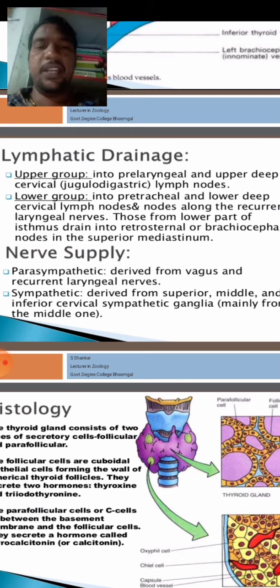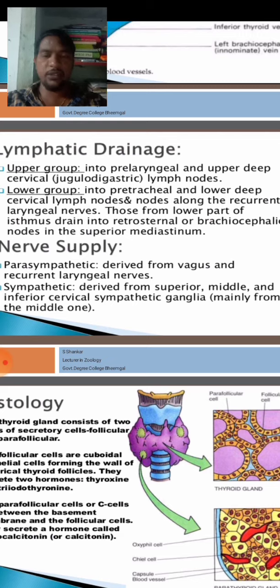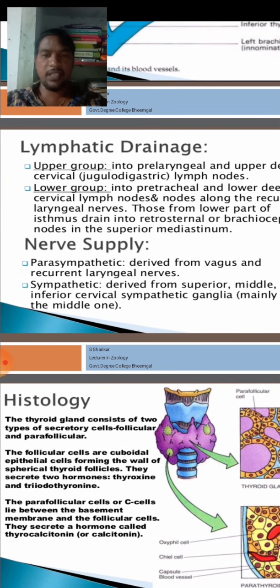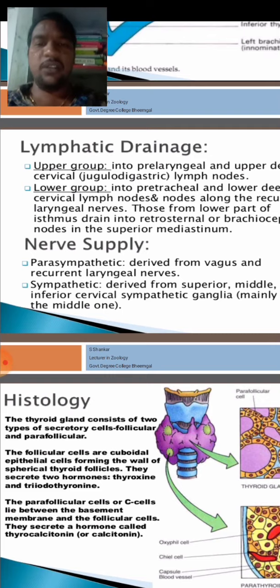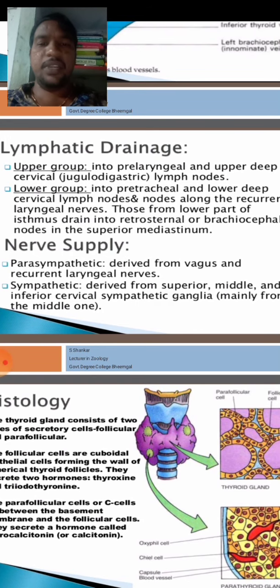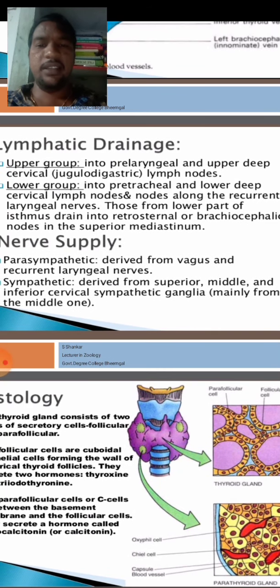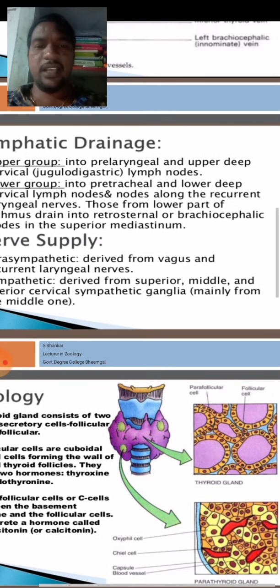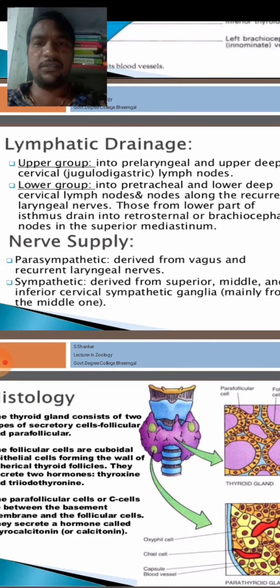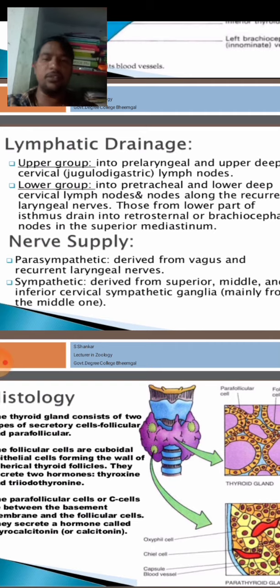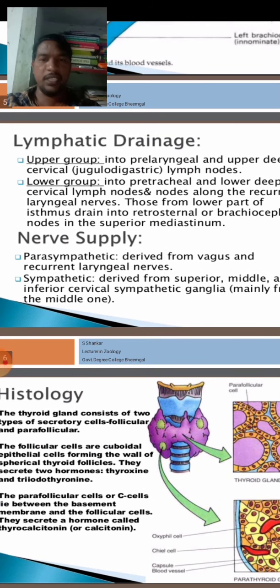Those from the lower part of the isthmus drain into retrosternal or brachiocephalic nodes in the superior mediastinum.